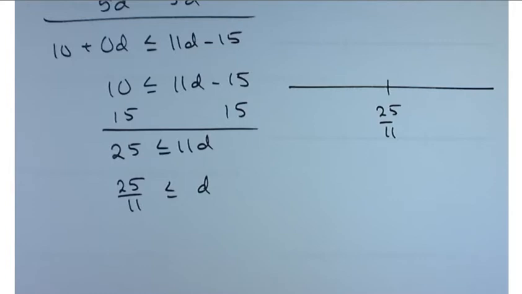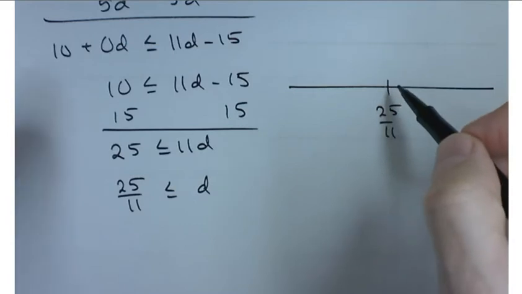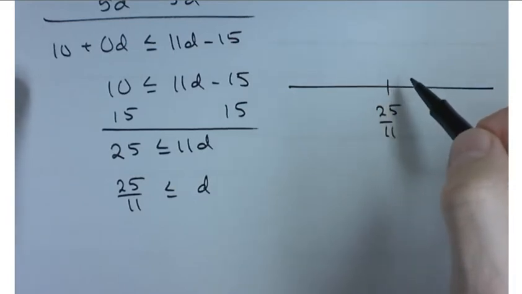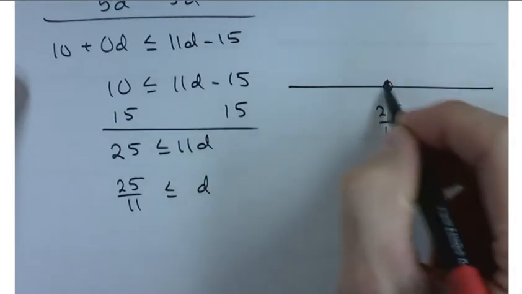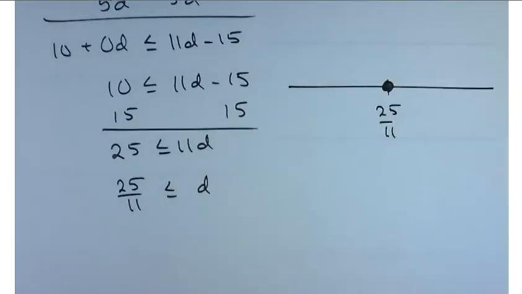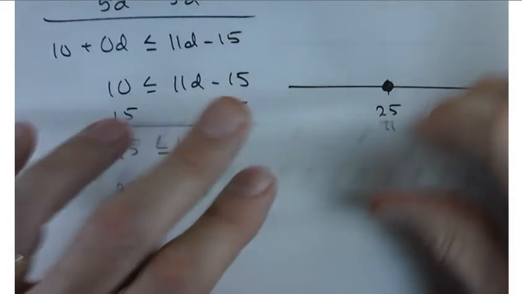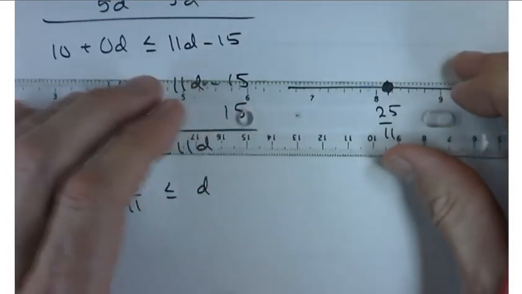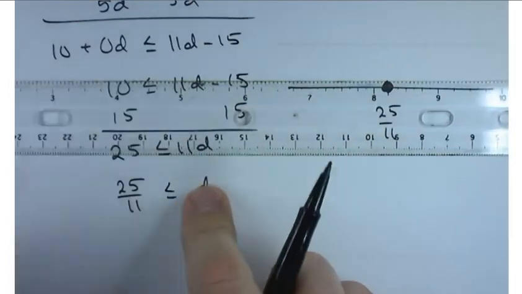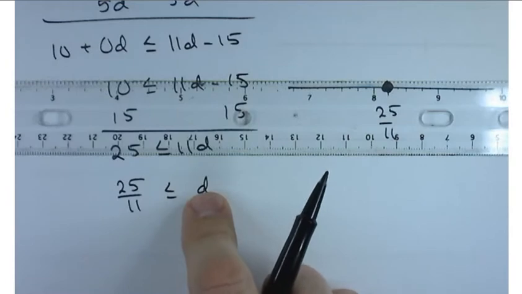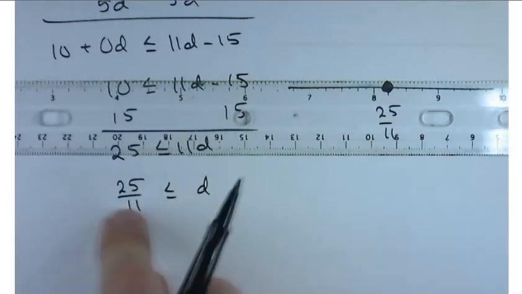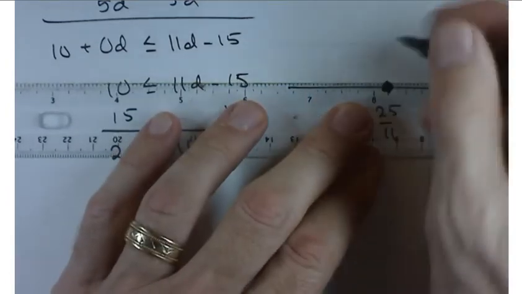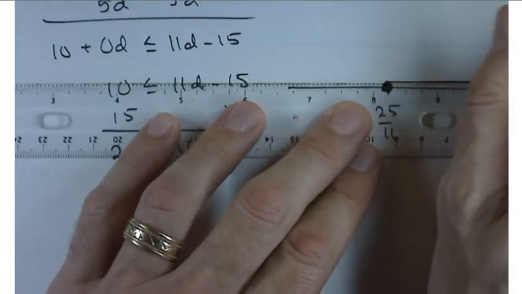Done. What kind of dot am I going to put on 25 over 11? Solid or hollow? Solid. And which way does the arrow run? To the left or to the right? Is d bigger or smaller than this? To the right. Good.